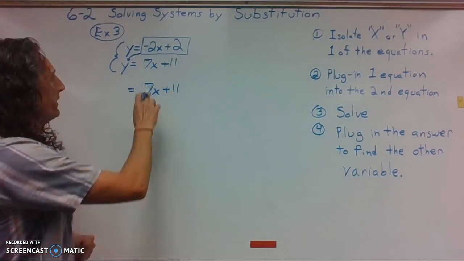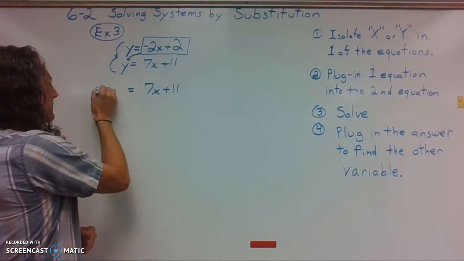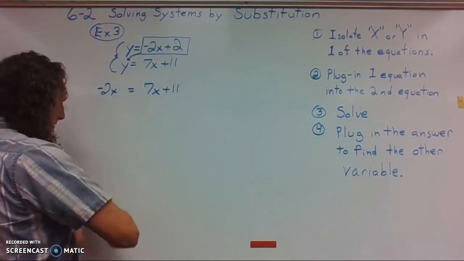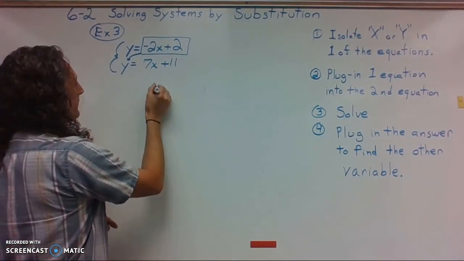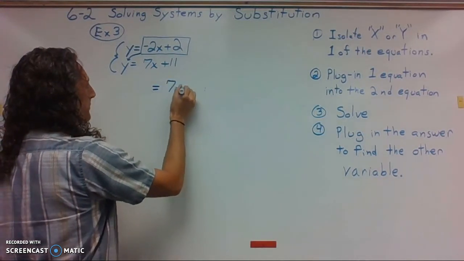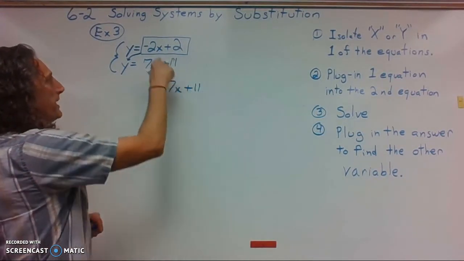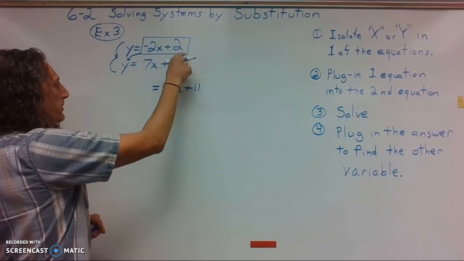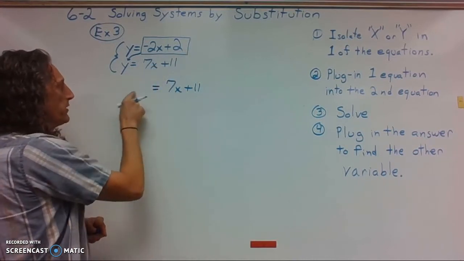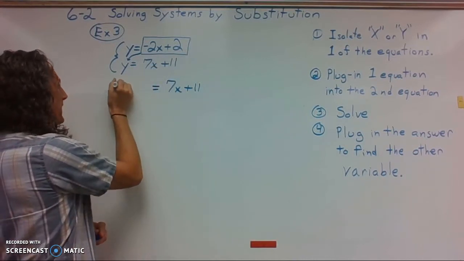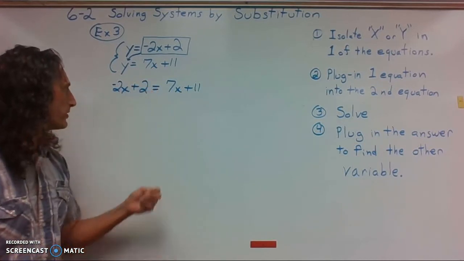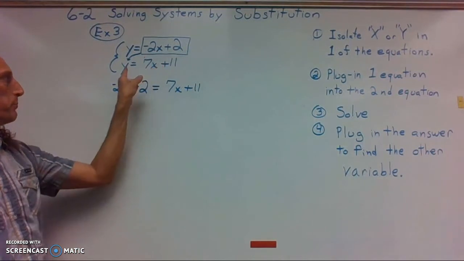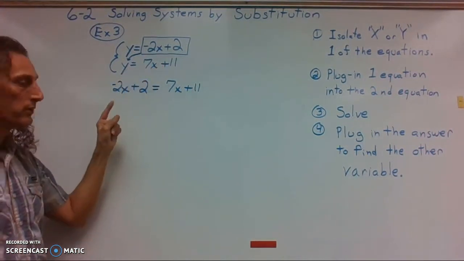I'm actually going to put in my negative 2x plus 2. Oops. I'll give myself a little bit more room. So again, I'm going to take this negative 2x plus 2 and put it where this y used to be. So negative 2x plus 2. All right, so you see how I took that and I plugged it in for this.